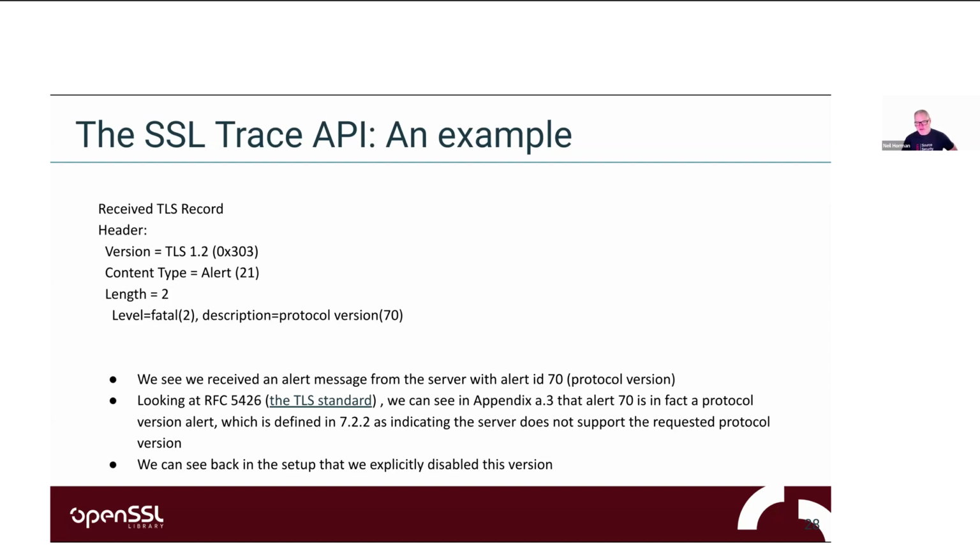This is expected here because we specifically set up the server to accept TLS 1.0 only, and we sent a 1.2 client hello. And so it said, nope, you can't do that. Sort of a simple and trivial example, but it shows you how you might be able to debug TLS connection issues between a client and server easily without having to set up a whole lot of other harness to capture this sort of data and decode it.